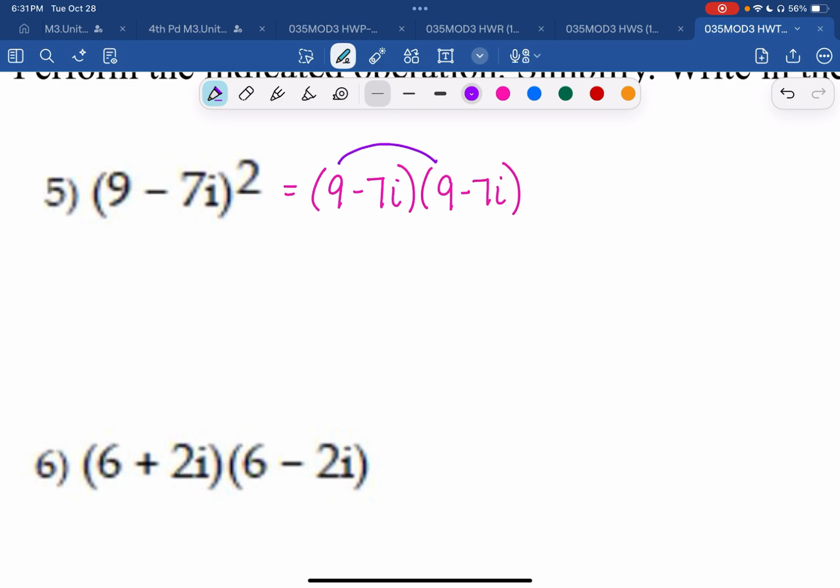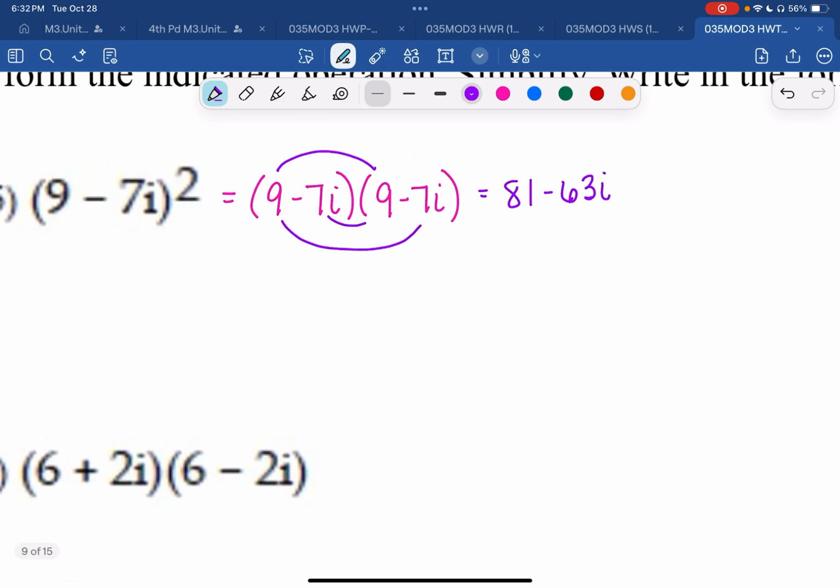So 9 times 9, got 81. 9 times -7i, so minus 63i. Then -7 times 9, so -63i. And then -7i times -7i. So that's going to give me a positive 49. Then the i times i is going to give me i squared.